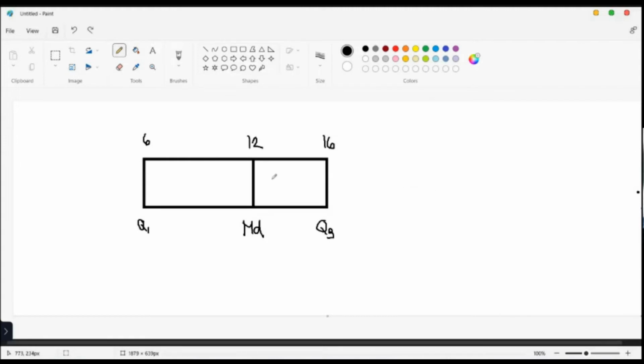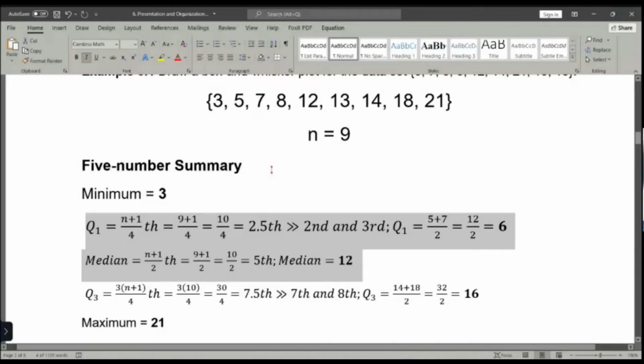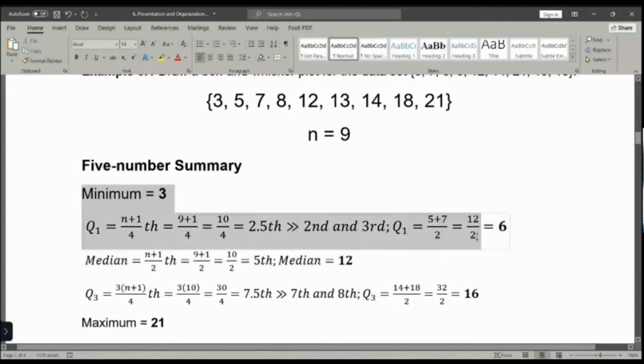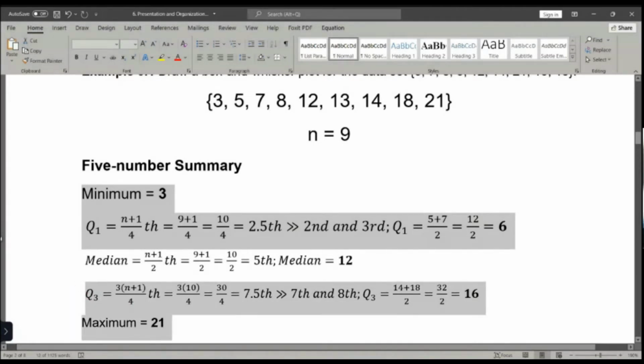So, let's identify that. Observe this information and compare that to this. Which do you think is shorter? The left whisker or the right whisker?